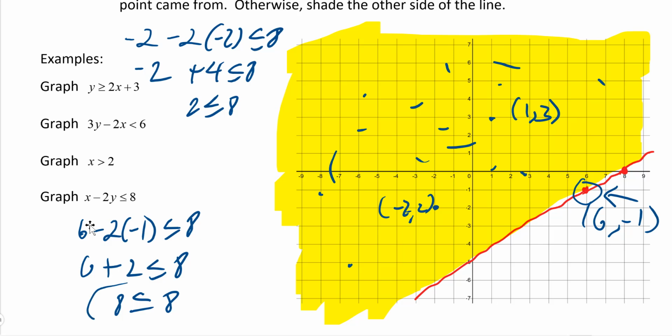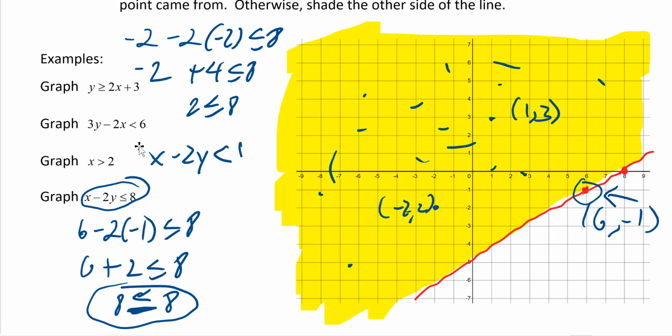Now notice these are actually equal to each other. Every single point, excuse me, that is on the line will make the left and the right equal, and since there was an equal on the inequality, that's why they make it true. Now imagine the original inequality did not have the equals on it.